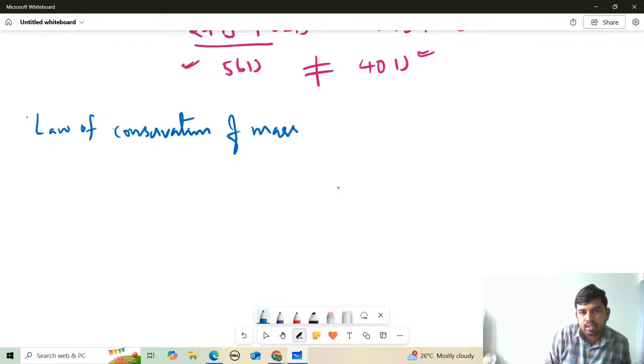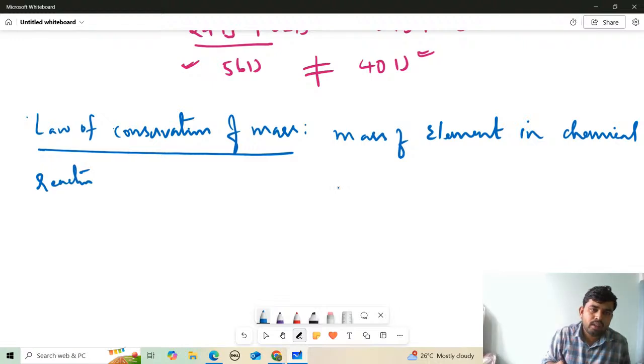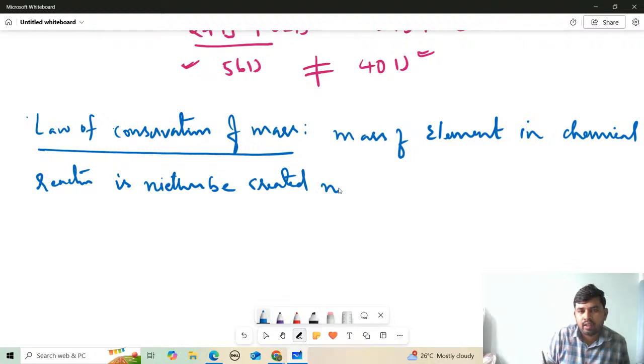So what does it state? It states that mass of an element in a chemical reaction can neither be created nor be destroyed.